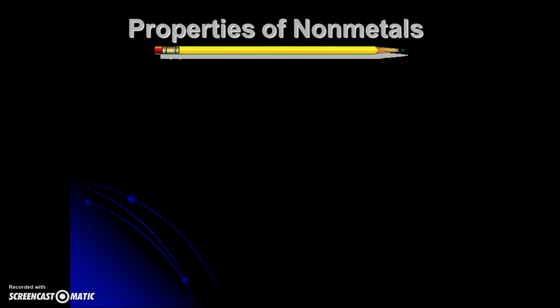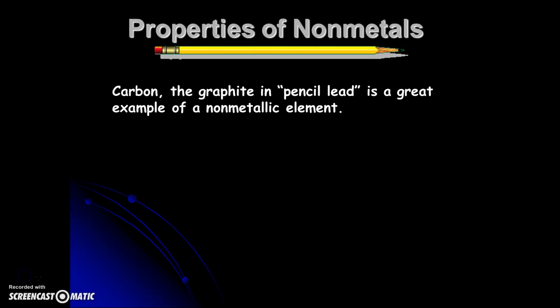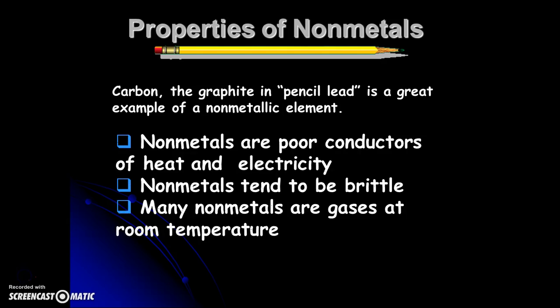And then the nonmetals on the periodic table, like the right-hand third, they essentially have the opposite properties of metals. Nonmetals are poor conductors of heat and electricity. They tend to be brittle, and you know that because your pencil lead is made of graphite, which is a nonmetal, and those break quite often because they're brittle. A lot of nonmetals are also gases at room temperature.